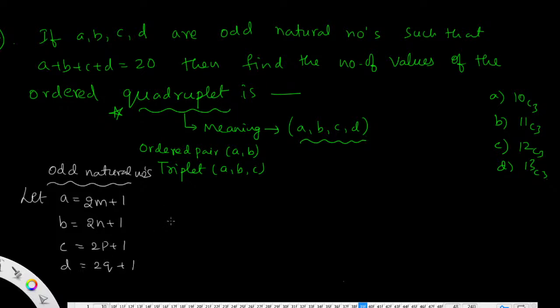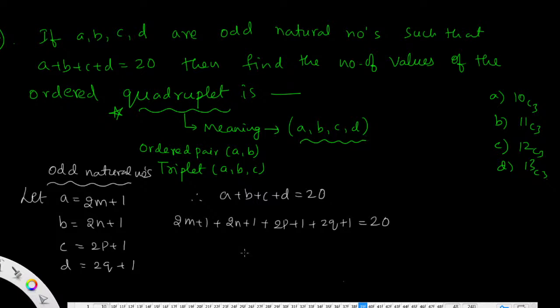Now the question says a plus b plus c plus d equal to 20. Write it in the form 2m plus 1 plus 2n plus 1 plus 2p plus 1 plus 2q plus 1 equal to 20.